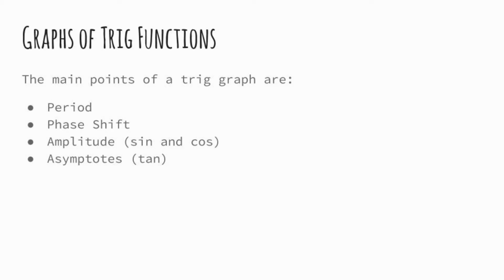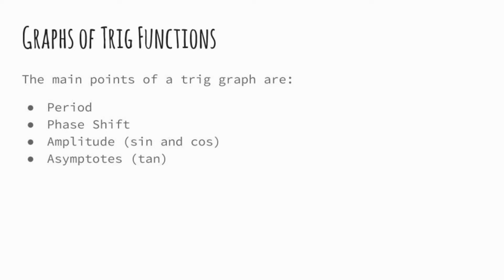For the basic tangent function, the period is pi. Thinking back to traditional transformations, this is like a horizontal stretch or compression. The period of the transformed graph is given by dividing the basic graph's period by the value multiplying the x inside of the trig function.